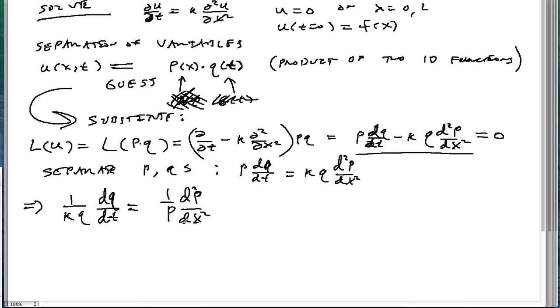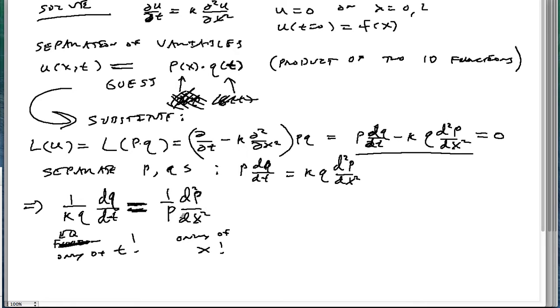All right, so now we see here this is an equation only of t, and this is only of x. So on this side we have something that's only a function of t, and here something only a function of x, and they're equal to each other.